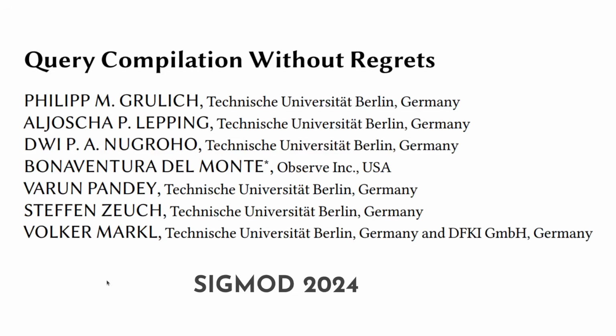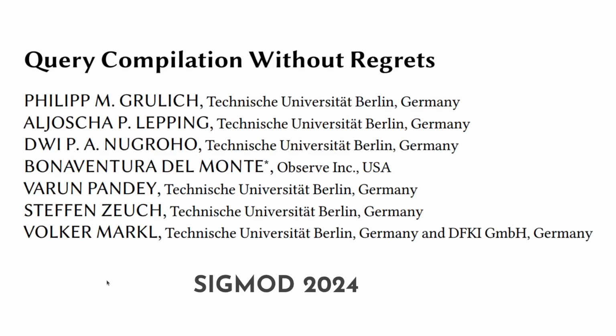The final thing I would like to talk about is this SIGMOD 2024 paper that I think is pretty nice. It's called Query Compilation Without Regrets. Essentially, this paper tries to get the best of both worlds, meaning query compilation and query interpretation.